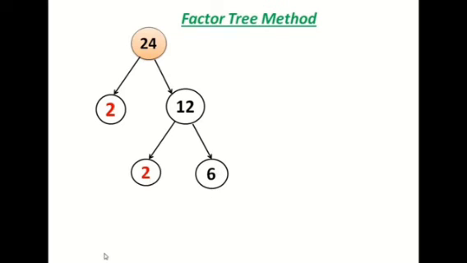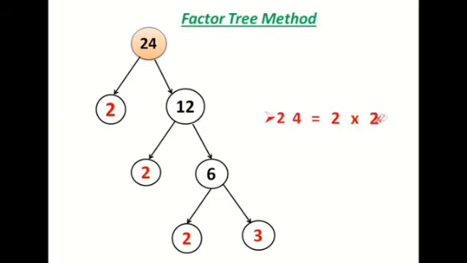We will factorize 6 as 2 threes are. So please work out. Have you done? Now you check. The prime factors are 2, 2, 2 and 3. If you multiply, 2 twos are 4, 4 twos are 8, 8 threes are 24. So finally you write down 24 equals 2 into 2 into 2 into 3.